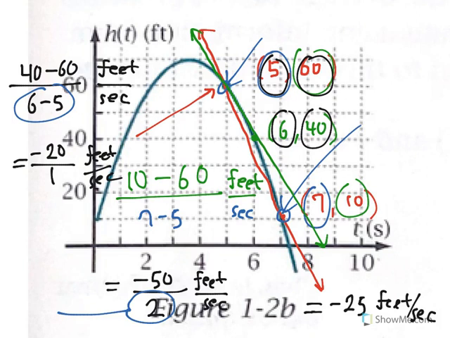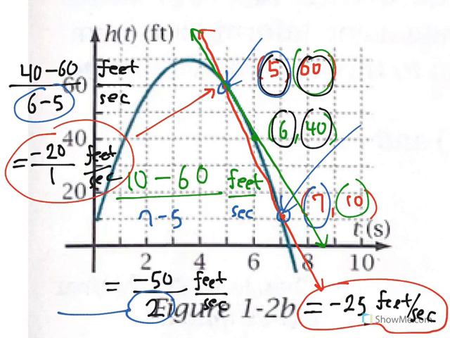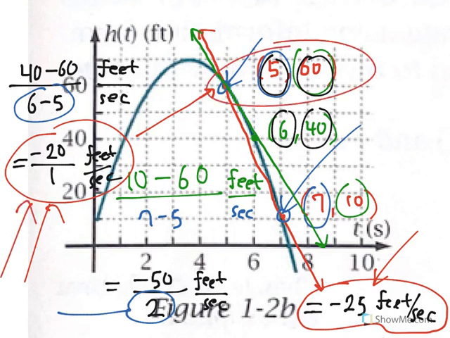And you can see that's a little bit different from the average rate of change of the height of the ball on the time interval from 5 to 7 seconds. If I had to choose one of these as an approximation for the instantaneous rate of change of the height of the ball at t equals 5 seconds, I would choose this one because it is over a shorter interval of time compared to the first calculation, which was over a 2 second time interval.